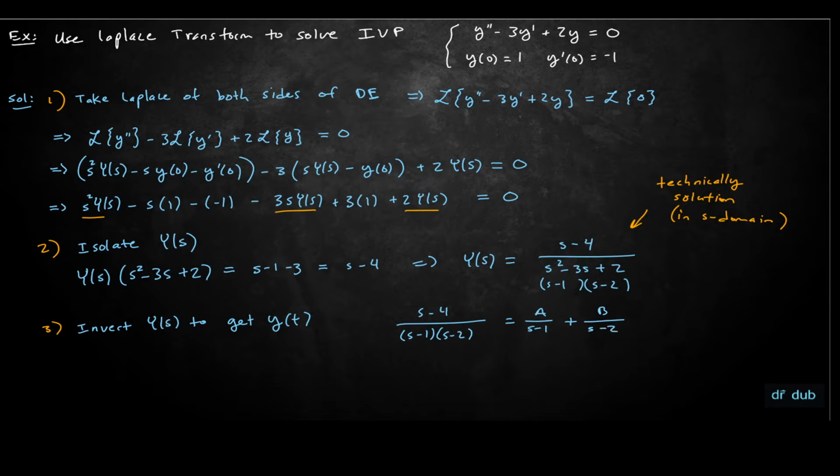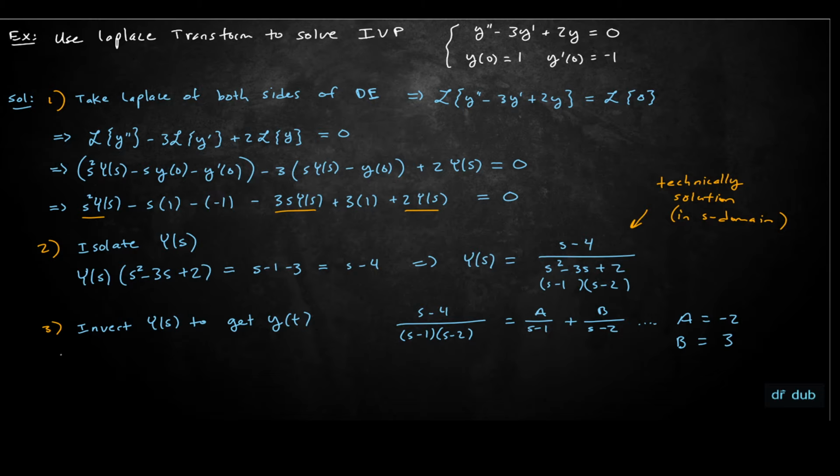And you'll do the partial fraction decomposition, which gets you A equal to -2 and B equal to 3.